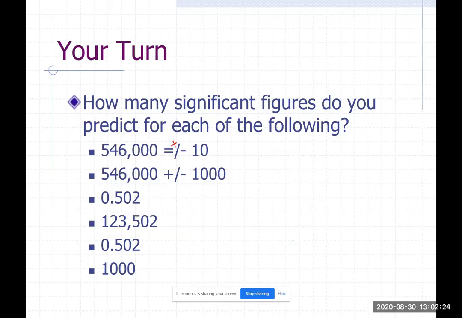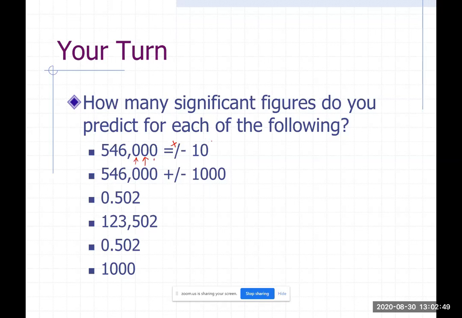So let me just go over that one since there's a little discrepancy in it. If we're saying plus or minus 10, we're looking at the tens place. This is the ones place right here. This is the tens place right here. So that means that this 0 that I have an arrow pointing at and also this 0 count as being significant.